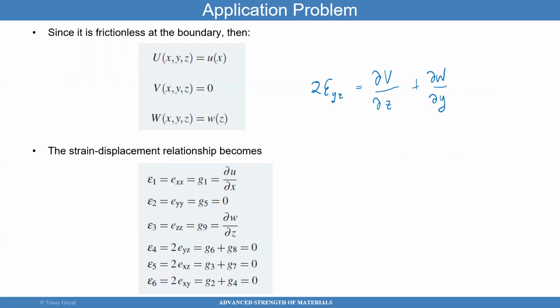You can see here that v is 0, so that gives you 0, while w is not a function of y. It's partial w, but w only depends on z, not y. So that's 0 also. And if you try that with each of the other strains, you'll get the same answer.